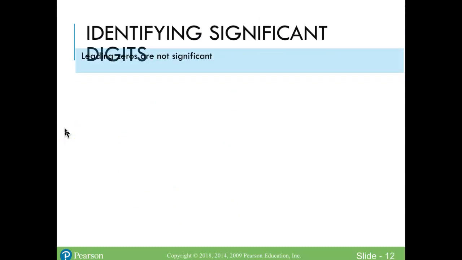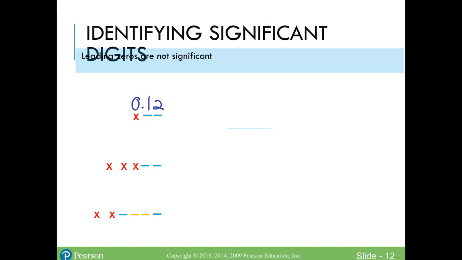Identifying significant digits where the leading zeros are not significant. Let's look at a couple examples of this. In our first example here, we have something like 0.12, and we're asked how many significant digits is that?